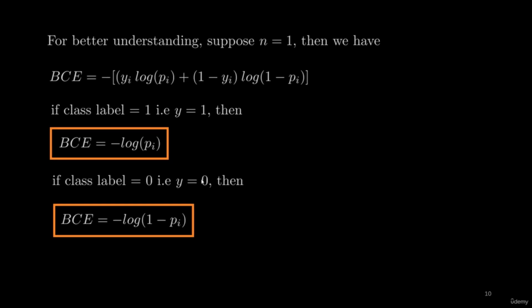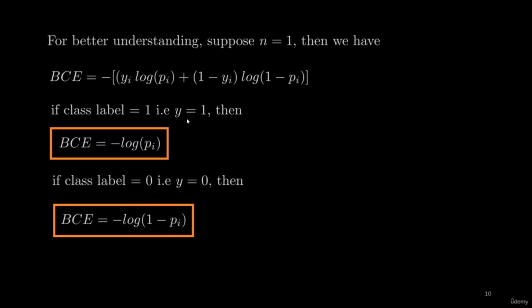If my label is 0, that is y is equal to 0, and I put 0 here and 0 here, then this term becomes 0, because if I multiply log of p with 0, I will get 0. But if I put 0 here, then I will get 1, because 1 minus 0 is equal to 1. So that term will be used to calculate the binary cross entropy loss.